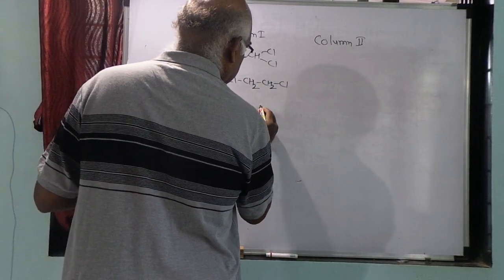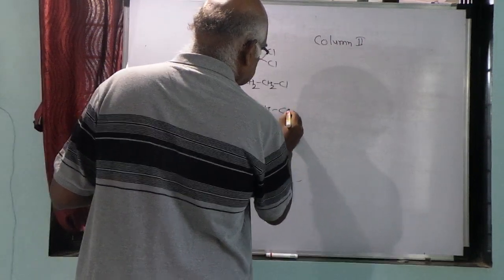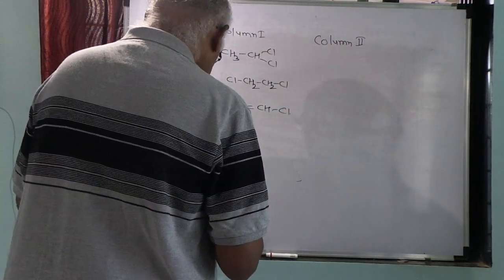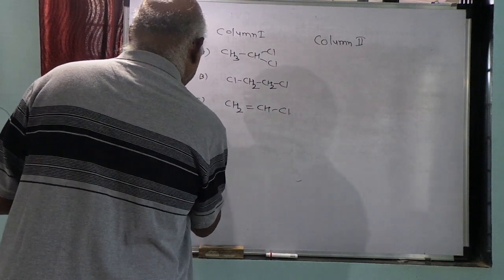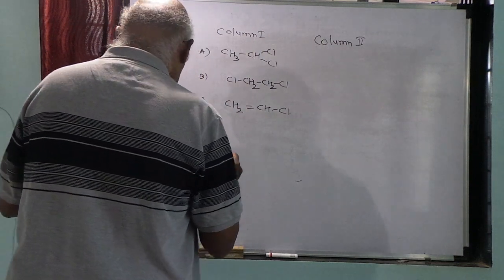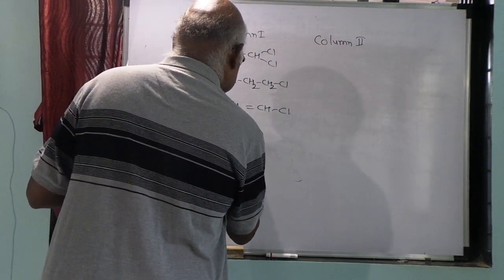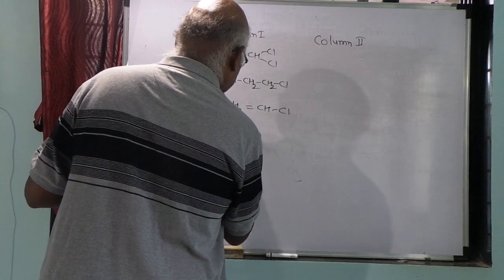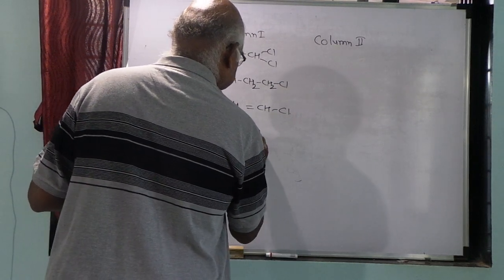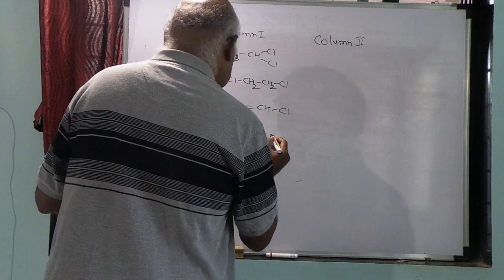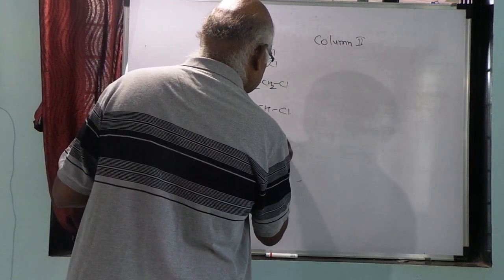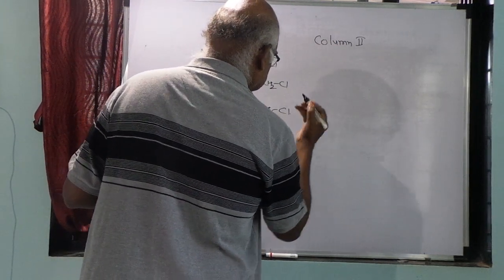Then the third one will be CH2 double bond CHCl, and the fourth one, option D, is CH2Cl then CH double bond CH2.